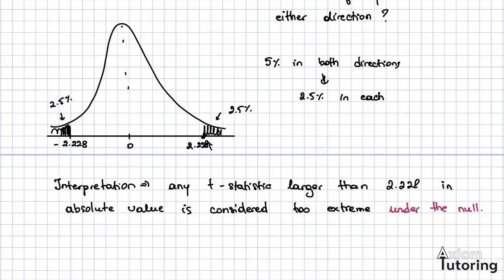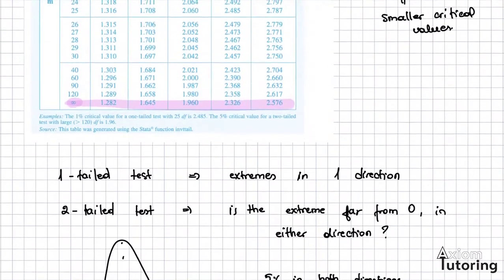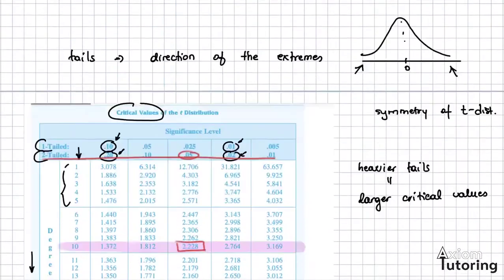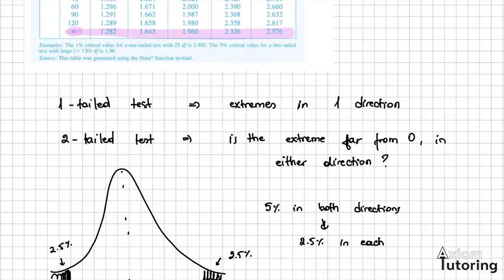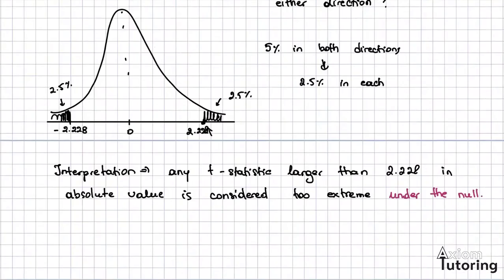Now let's look at the 5% on a one tail though. So now I'm looking at the one tail and I'm looking at the 5%. So I'm actually looking in this column. And if I go down here, the critical value that I have right now is 1.812. So what I'm doing in the one tail is that I want the entire 5% to be right here.